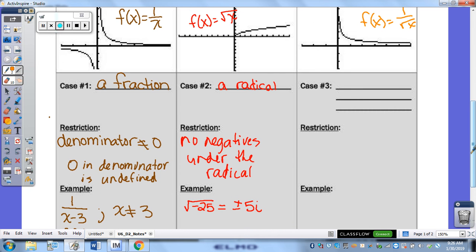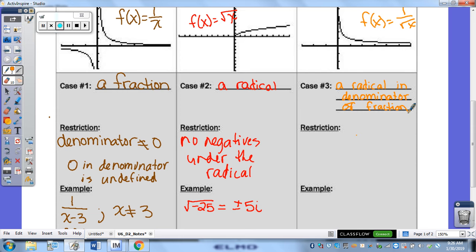So then our last one is a radical in the denominator of a fraction. Really, it's kind of putting those first two cases together. It's taking the fraction and the radical and putting them together.